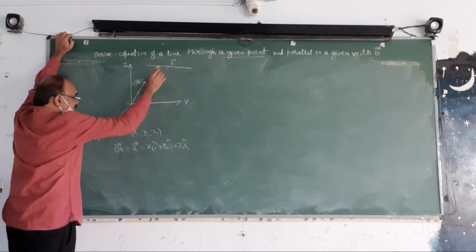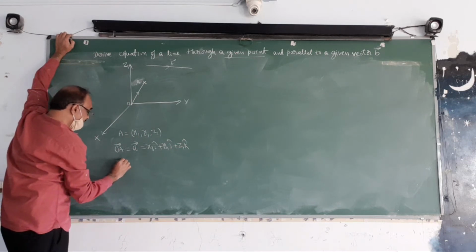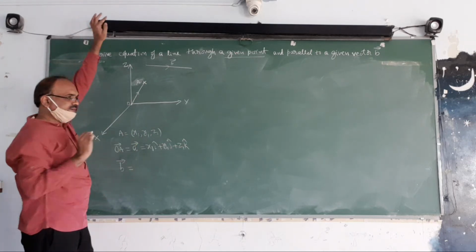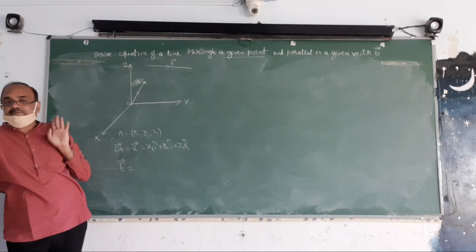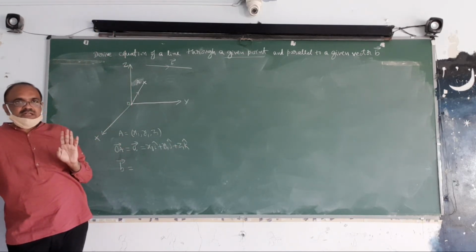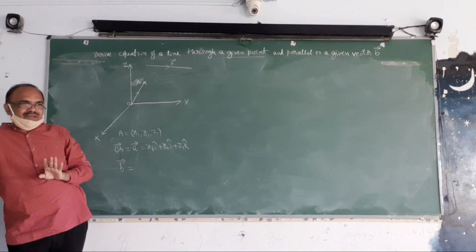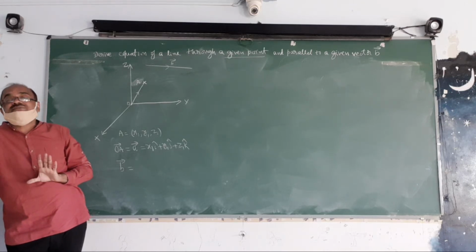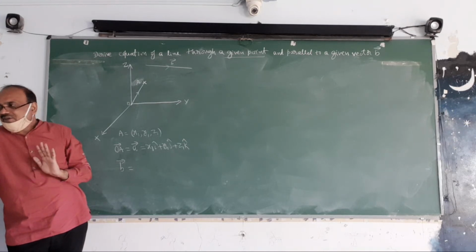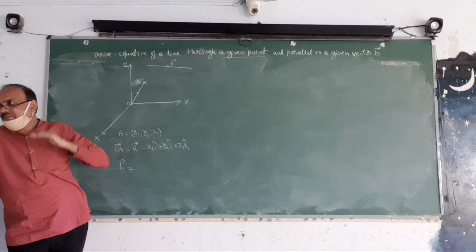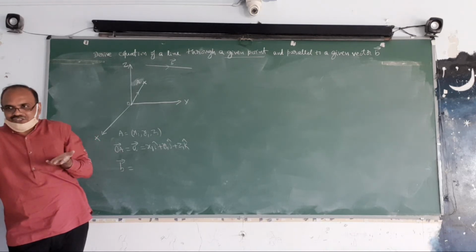Now vector B. This is a given vector. Please remember, sometimes they use letters A, B, C. If you observe, when they use the letters A, B, C is whenever you want to represent the direction of the line. Here you want a line parallel to some line, which means you are trying to find the direction basically.